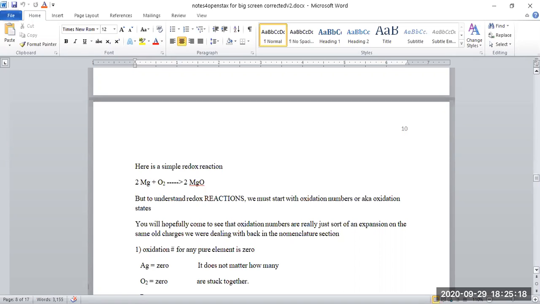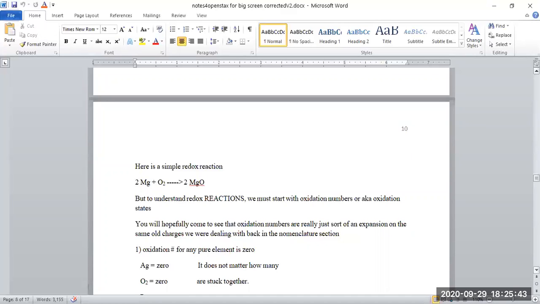Somebody asked me in lab last night about oxidation numbers, which even though they are mentioned a little bit in passing in the nomenclature dry lab, we didn't do part 2A at all, in part because we don't get to this information until now, which is part of chapter 4.